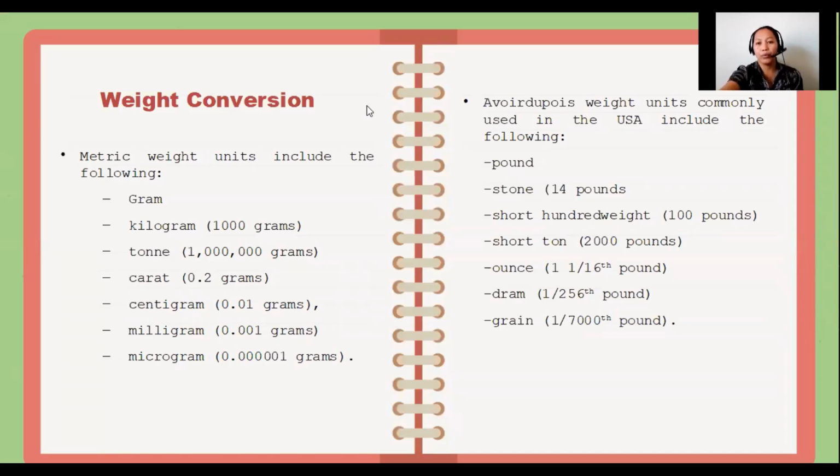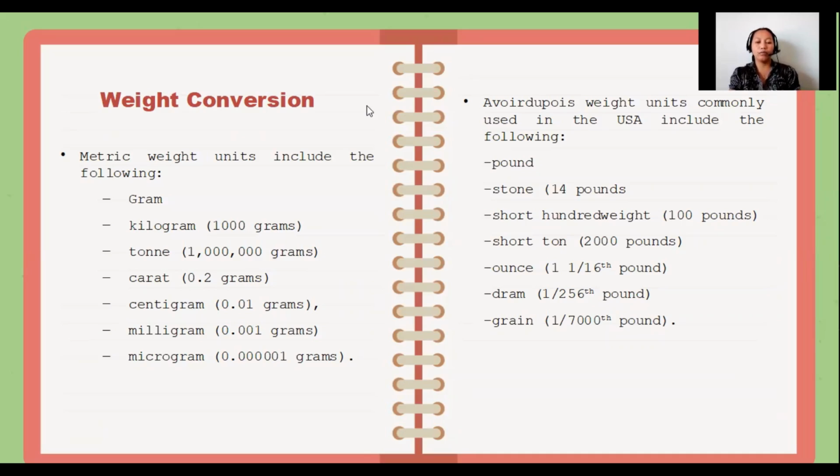So avoirdupois weight units commonly used in the USA are the pound, the stone, the short hundredweight, short ton, ounce, dram, and grain. Its basic unit is the pound. 1 stone is equivalent to 14 pounds. 1 short hundredweight is equivalent to 100 pounds. 1 short ton is equivalent to 2,000 pounds. 1 ounce is equivalent to 1/16 pound. 1 dram is equivalent to 1/256 pounds.